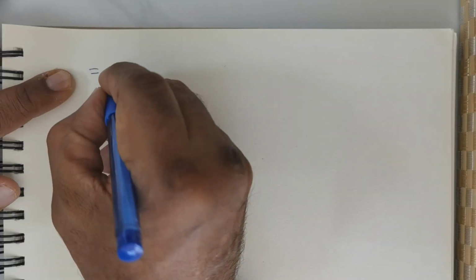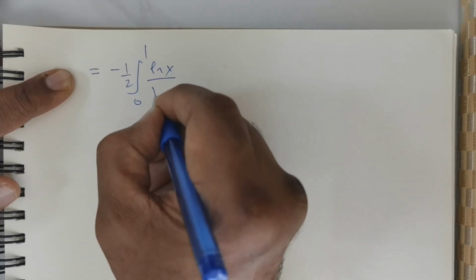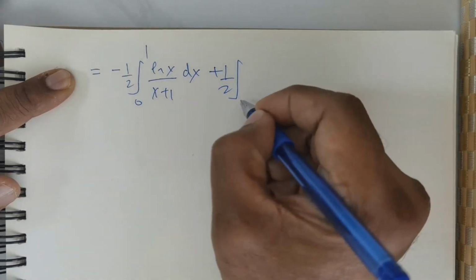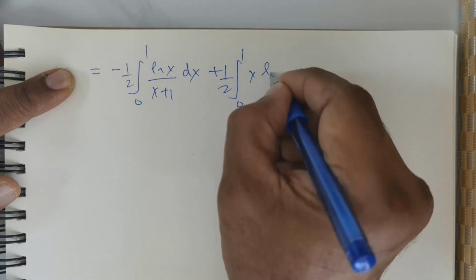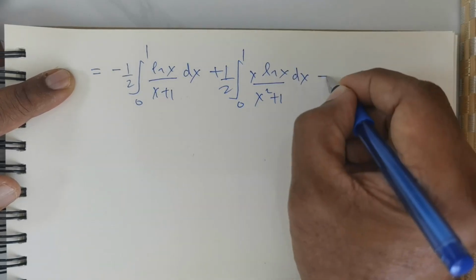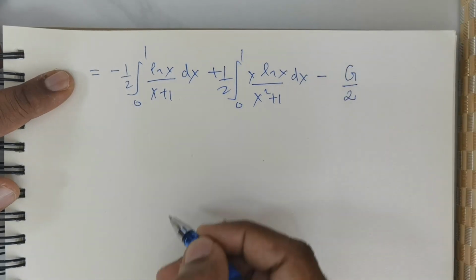We have this negative 1 over 2 integral 0 to 1 ln x over x positive 1 times dx plus 1 over 2 integral 0 to 1 x times ln x over x squared positive 1 times dx negative the Catalan constant divided by 2.